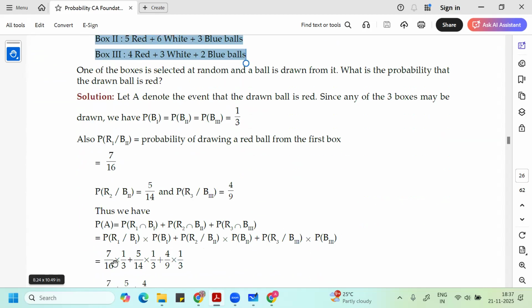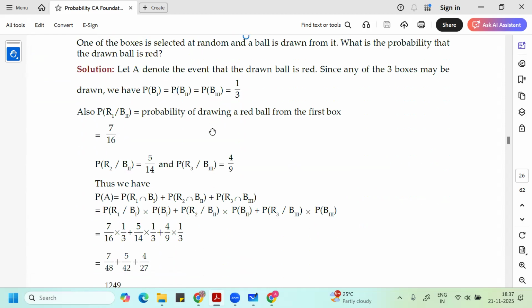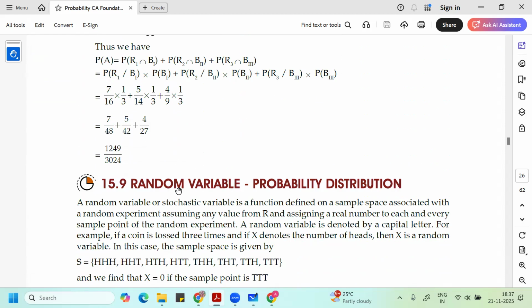You have to do it, because you choose any box with probability 1 by 3 and getting red color from box 1 is 7 by 14, and red color from box 2 is 5 by 14. Red color from box 3 is 4 by 9. So you solve it, you'll get the answer.